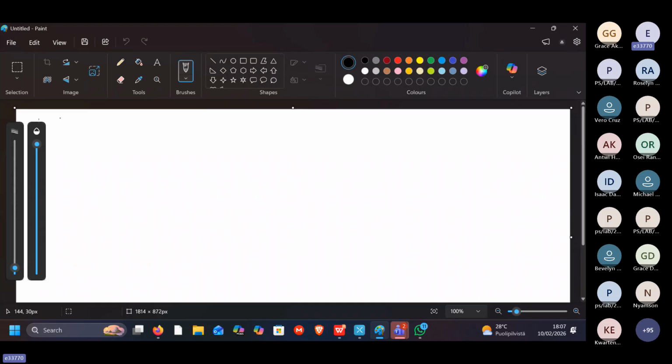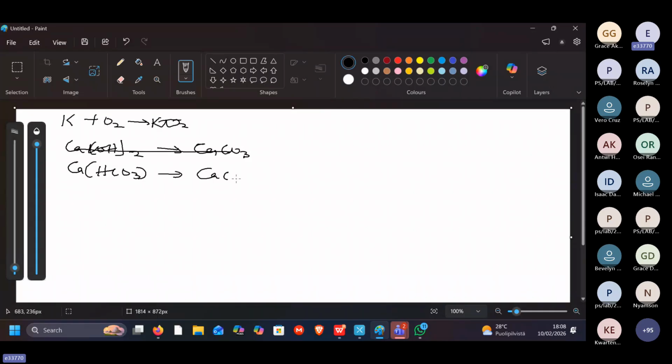Now let's see if these equations will be, say, potassium plus oxygen giving you potassium oxide. Say calcium bicarbonate, not calcium hydroxide, calcium bicarbonate, decomposing to form calcium carbonate plus carbon dioxide plus water.